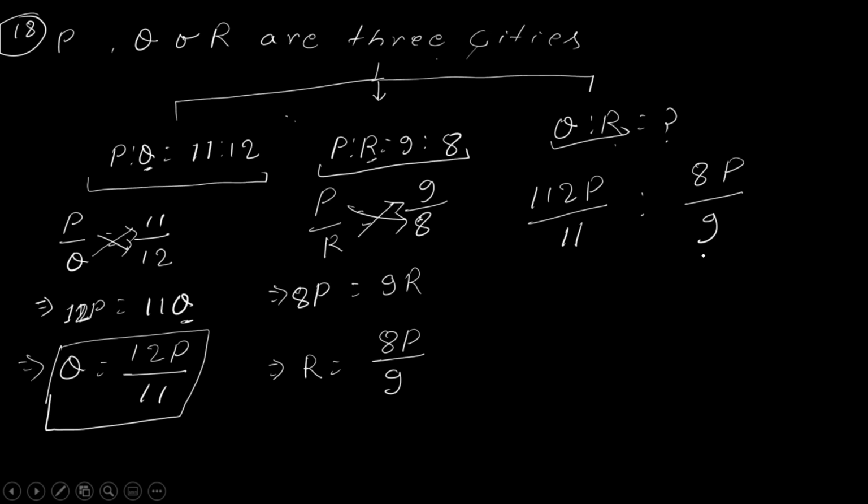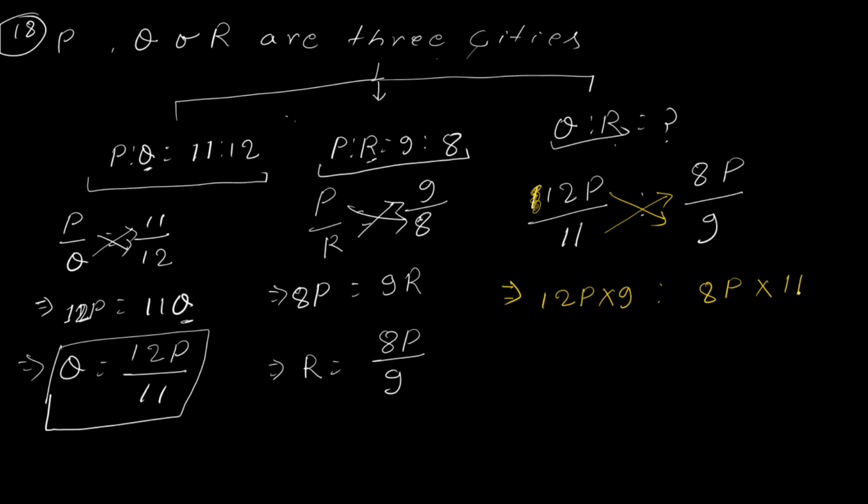Now what you have to do is very simple, your favorite step, that is cross multiplication. So 12P multiplied by 9 is to 8P multiplied by 11. Am I right? Right sir.